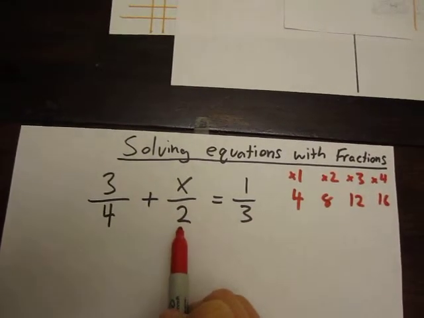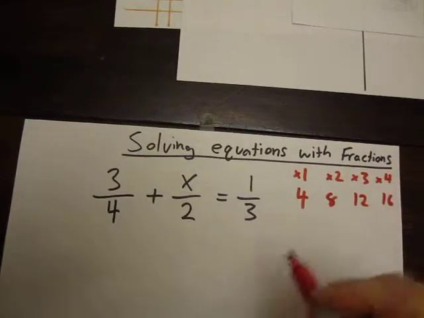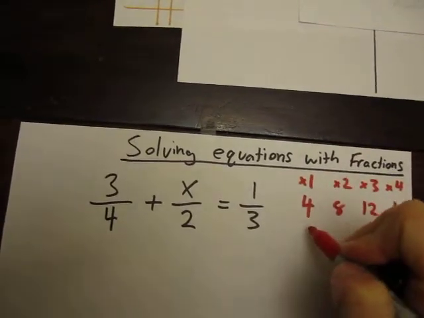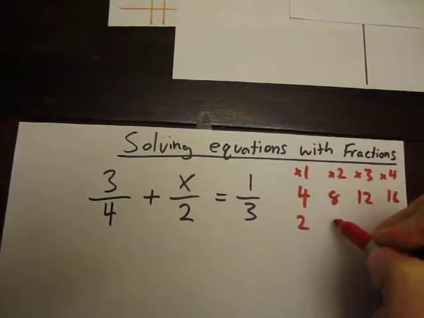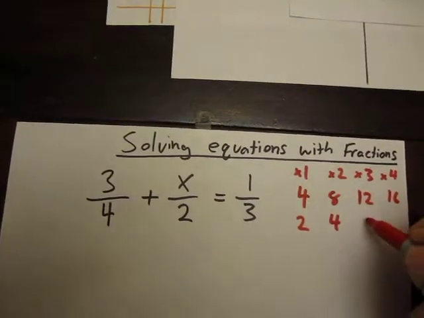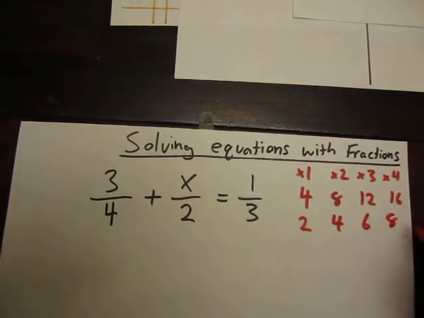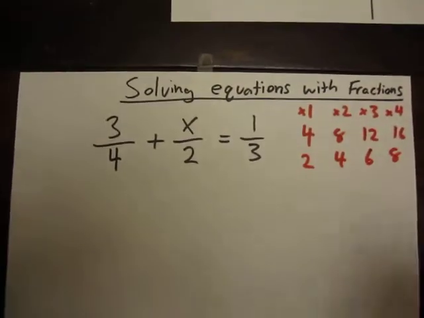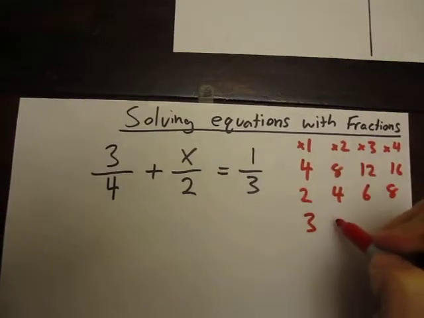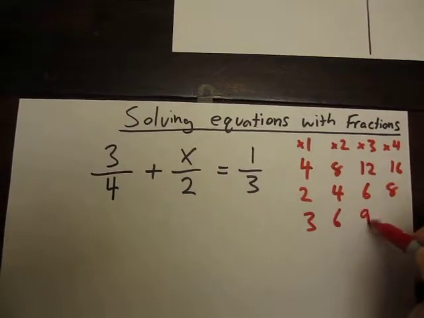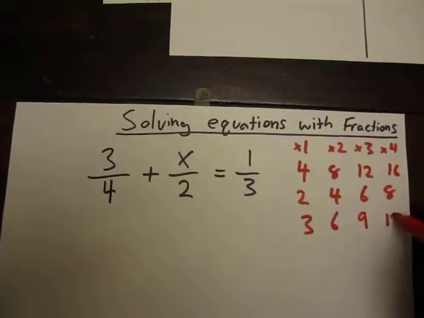Now let's look at 2. 2 times 1 is 2, 2 times 2 is 4, 6, 8, and so on and so forth. And 3, we do the same thing. 3 times 2 is 6, this is 9, and this is 12.